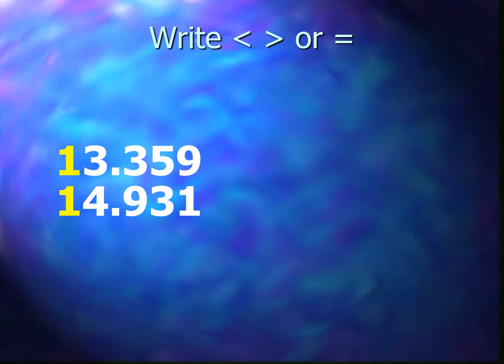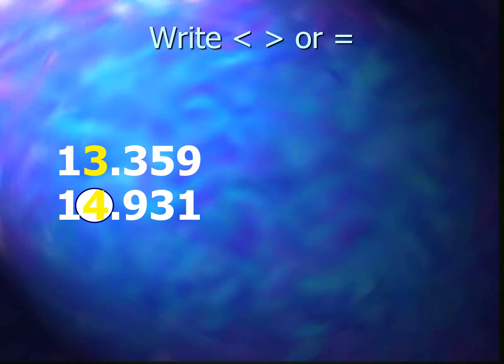We see here that the ones are the same, which are highlighted yellow. So they're not going to tell us much. So we have to go to the next place value, which is the ones place. You see that the 3 and 4 are different, so I can pick out a bigger number. In this case, the 4 is bigger than the 3. So the 14 and 931 thousandths is greater in value. So it is greater than.